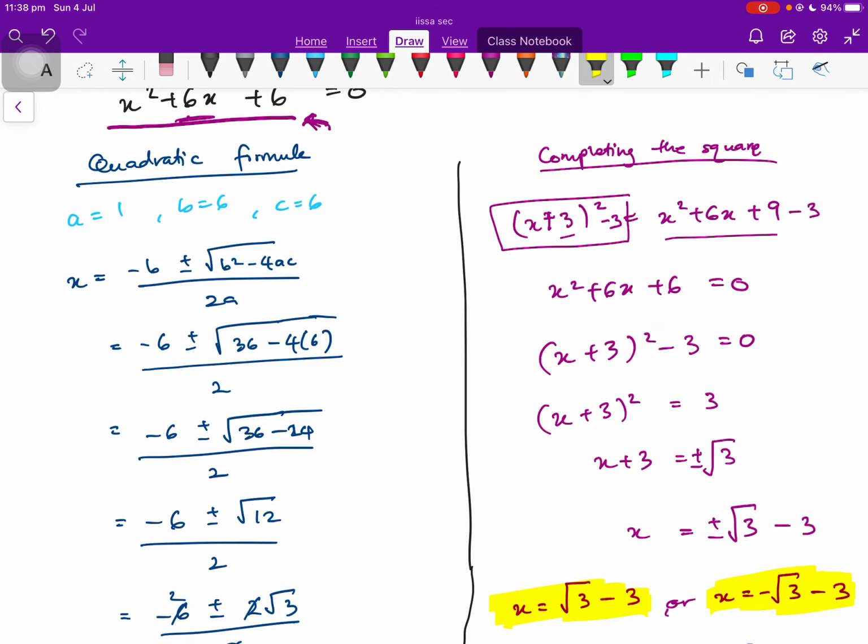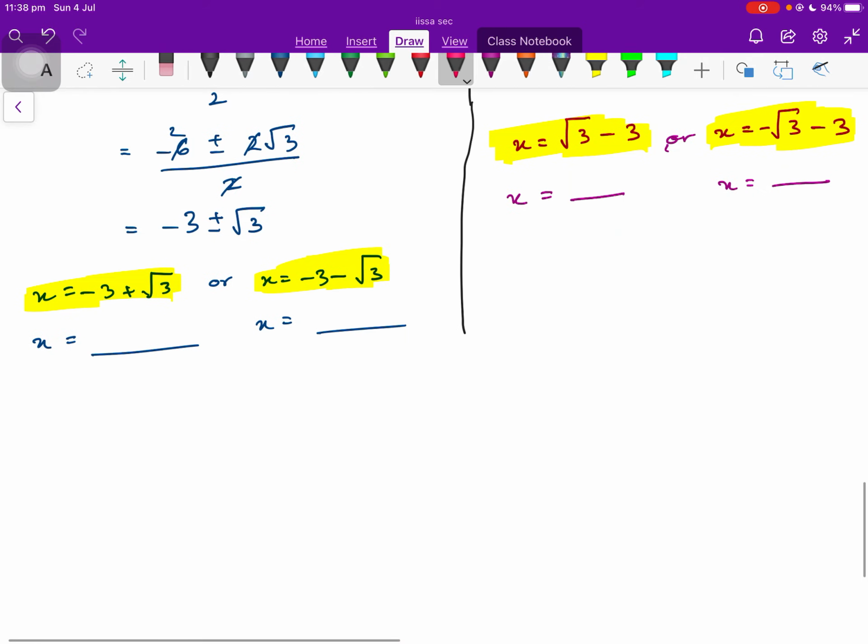You are just punching in the numbers. But remember, this is very, very important: BODMAS. You need to do the brackets first, then the indices, then division, multiplication, addition, and then subtraction. Okay, so we're done with that.